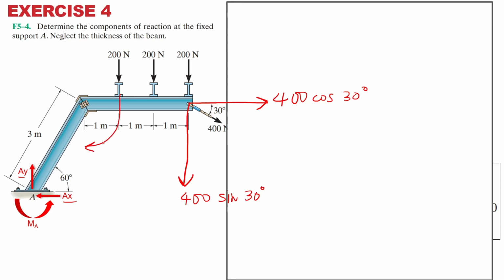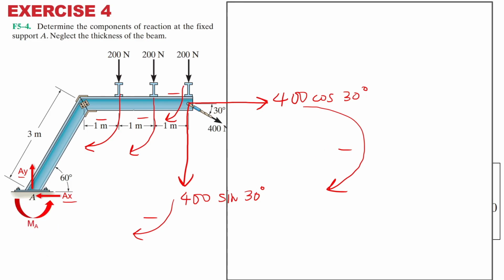And then you've got moment komponen 200 ni jadi negatif. 200 pun sama juga negatif. And then 400 sin 30 pun ada. 200 ke atas pun negatif juga. Ini pun negatif juga. How about last one? 400 cos 30 negatif ke positif? So it's actually rotating clockwise. You guessed it right. So it's a negative. Semuanya negatif.